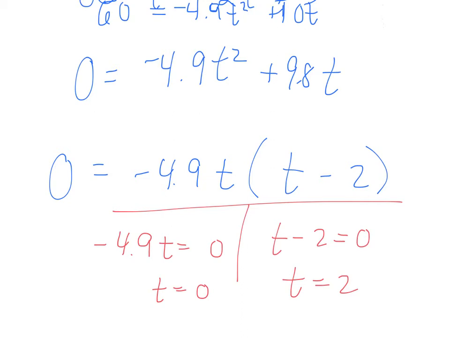Ground level, or 0. So we're setting height equal to 0. When is the height equal to 0? Well, before the problem starts it is, so that's time equals 0. And then after 2 seconds, when it hits the ground again, that's the other answer. So you're looking really at the endpoints of the parabola, and you're finding the times: 0 and 2 seconds into it.